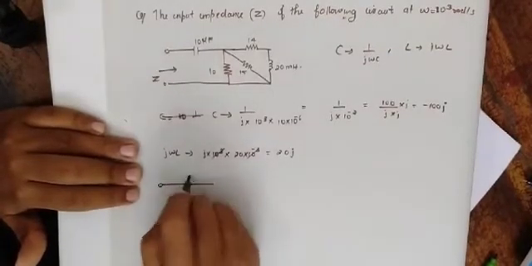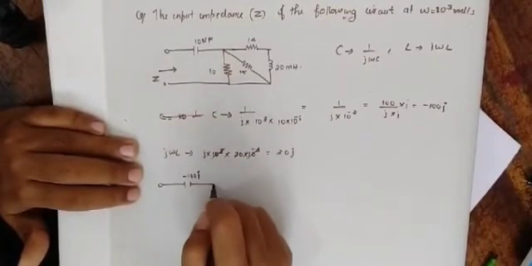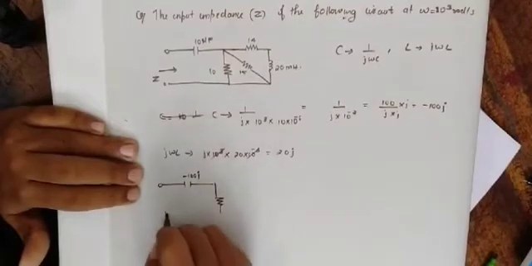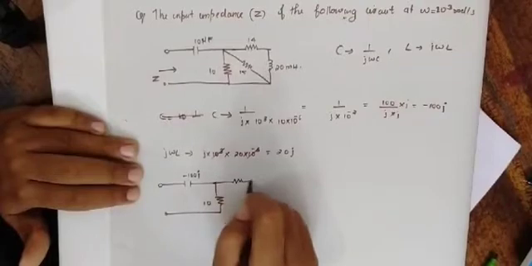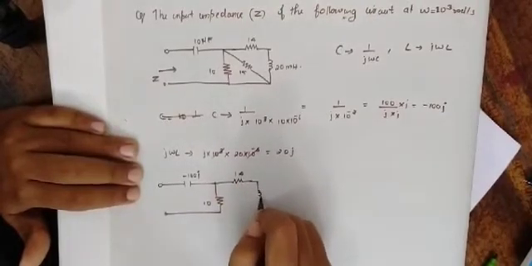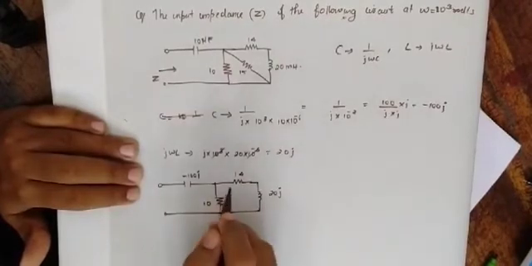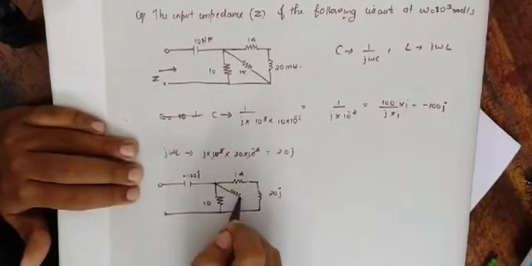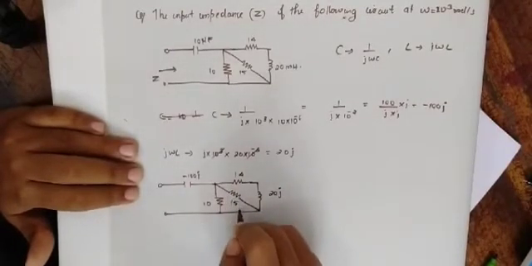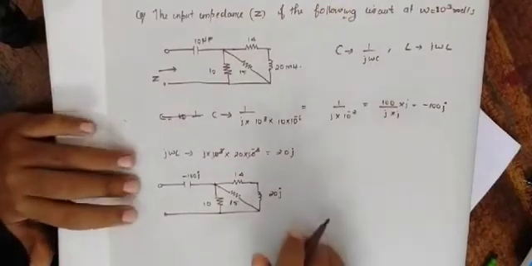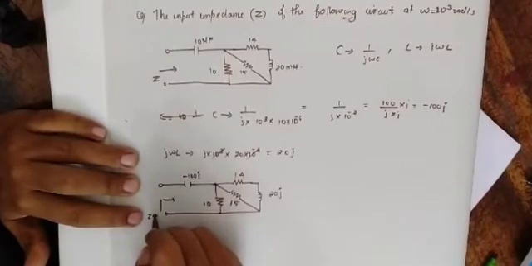Instead of 10 microfarad, I am going to write it as minus 100j, and resistance is as it is, 10, 14, and inductor becomes 20j, and this is 15 ohm. Okay, so that is it, and we have to find out our Zin.